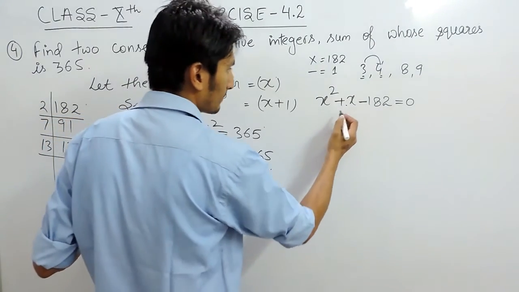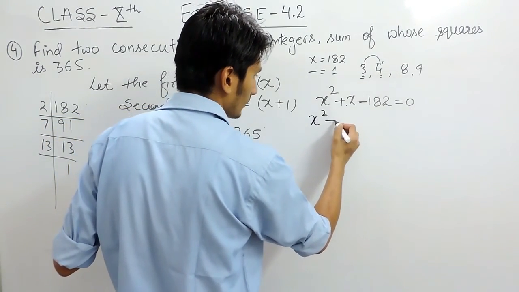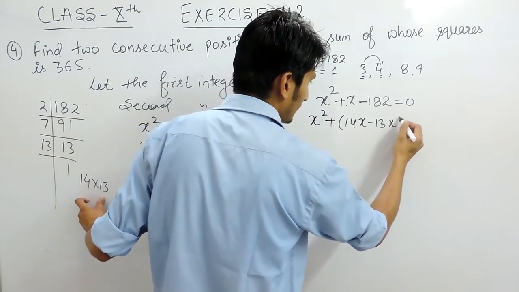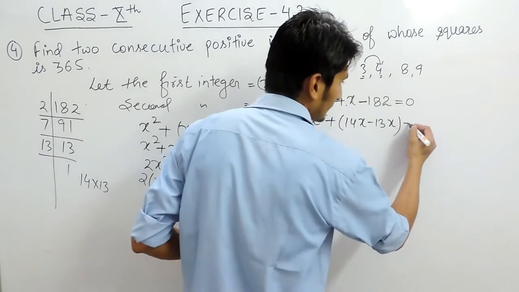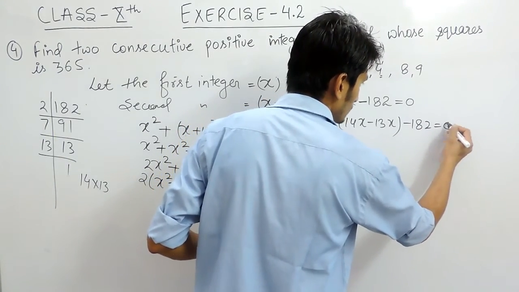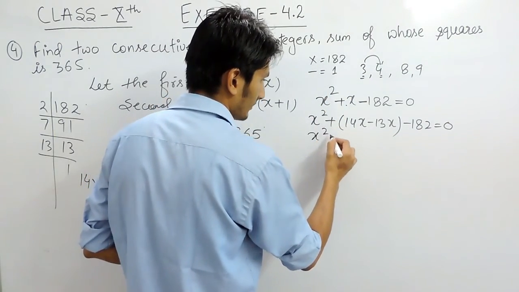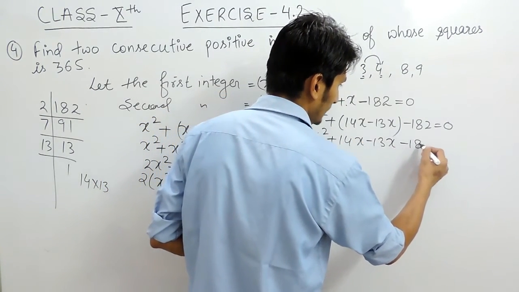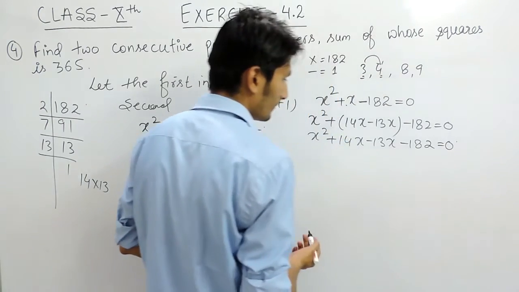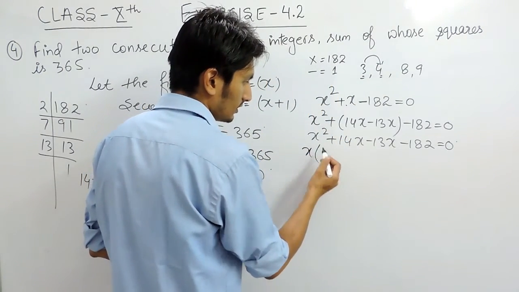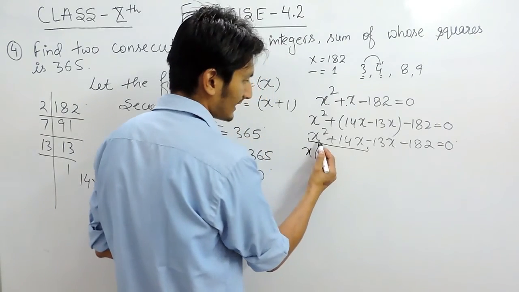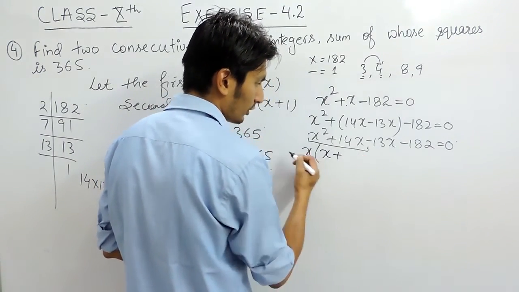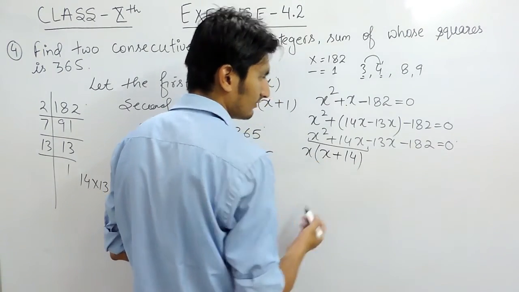So this 1x can be split into these two terms, and the rest will remain as it is, equals 0. So solving further, this will be 14x minus 13x minus 182 equals 0. Take x common from the first two terms. If x is taken common, only x will remain inside the bracket from x squared, and from 14x only 14 will remain.